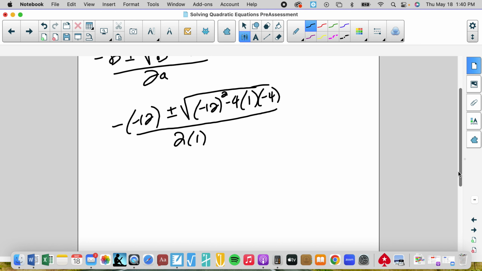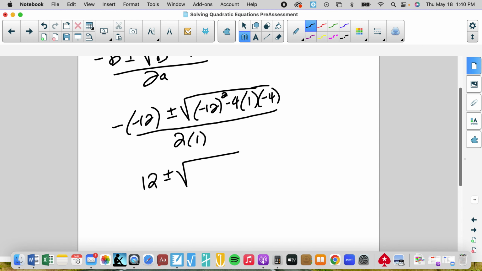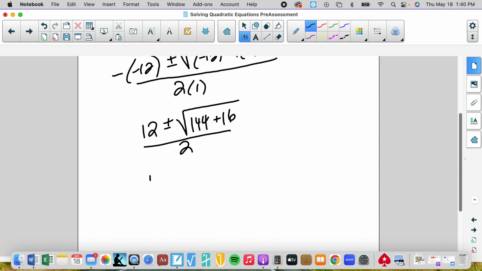So the opposite of -12 is 12. Plus or minus -12 squared is 144 plus 16 over 2. 12 plus or minus 144 plus 16 is 160 over 2.